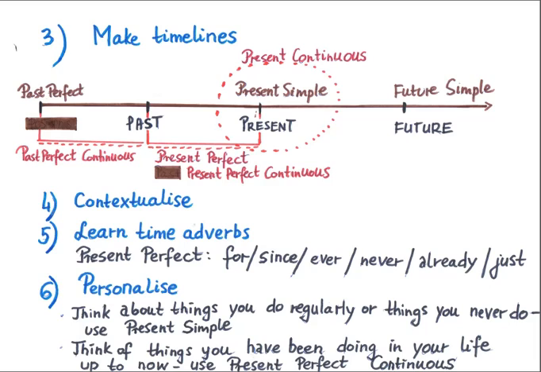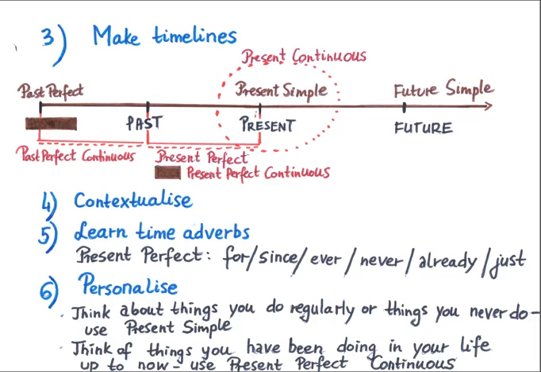It means creating sentences, creating stories about you and people and things that surround you, expressing your thoughts, attitudes, emotions, likes, dislikes, hopes, etc. For example, think about things you do regularly or things you never do and use present simple. Think of things you have been doing in your life up to now and use present perfect continuous.